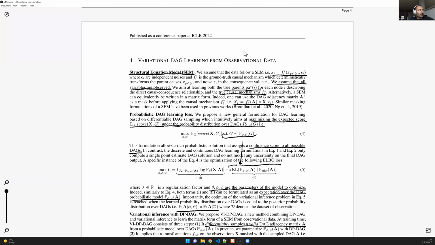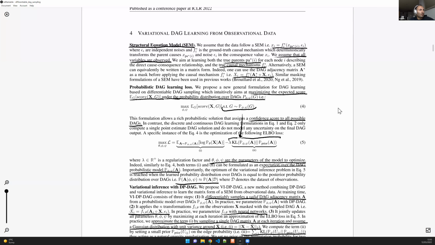Next, we discuss how we can do variational inference with the same principles. Basically, we have a parent X observed, a bit of noise between the parent and the child, and then we want to learn a function that can give a distribution for the xi for the child, and we are learning both the true parent and the true causal mechanism, right?